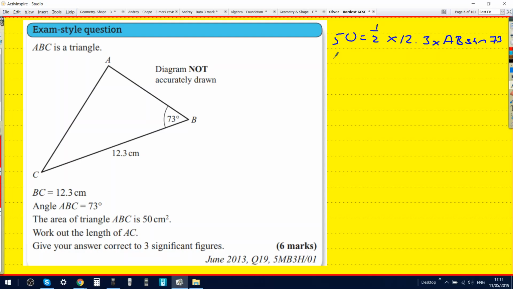Then you have to rearrange, so divide by a half times 12.3 and sine 73. Could you do that? Yeah.